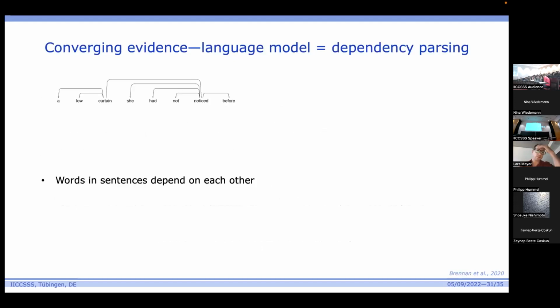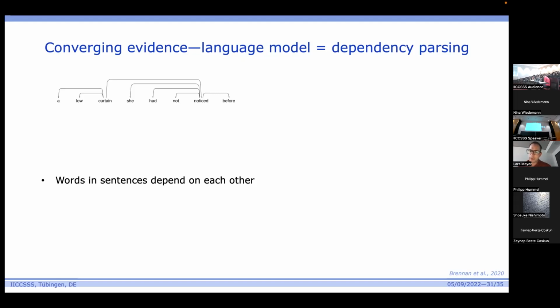And again, our language model is using dependency parsing, where we know, okay, long dependencies are costly. And so this annotation that our language model gives us, that comes from dependency annotation, and of course has theoretical implications, predicts how much memory load there is.